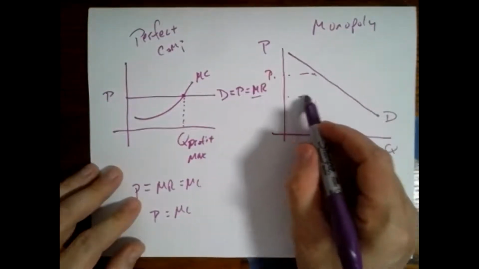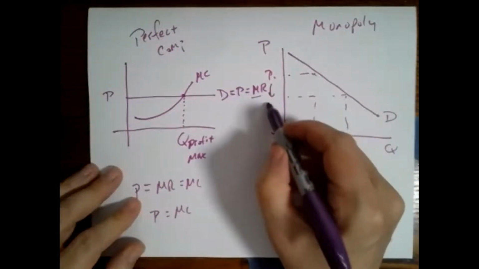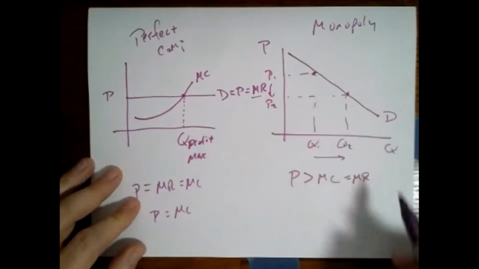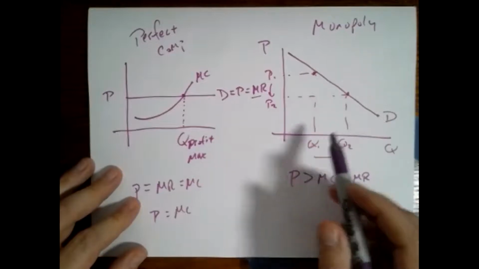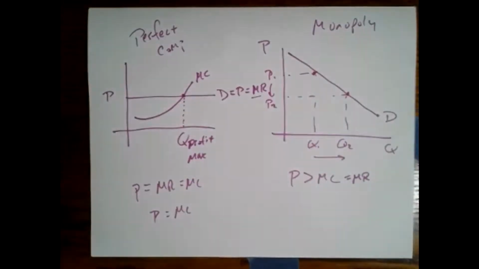If they increase quantity to Q2, then price falls to P2. So the monopolist gets to choose what quantity it wants to put onto the market, such that they get a profit maximizing price and quantity.